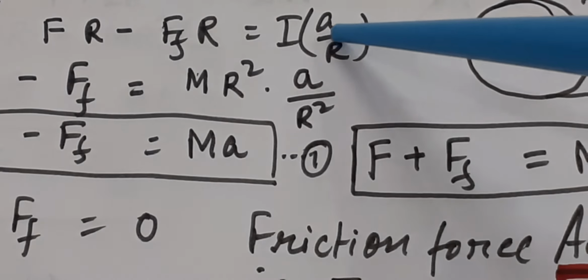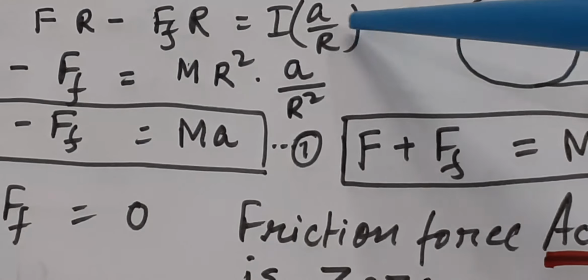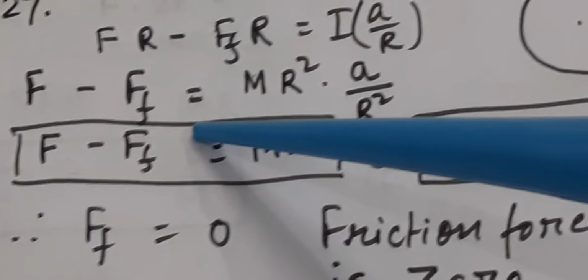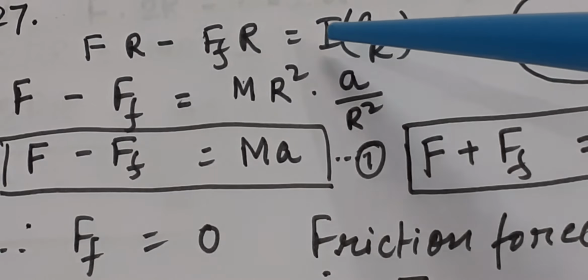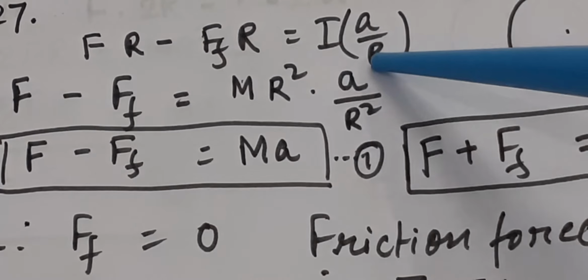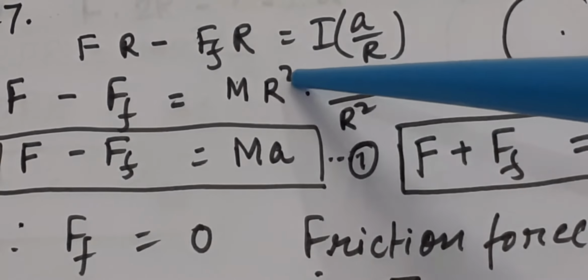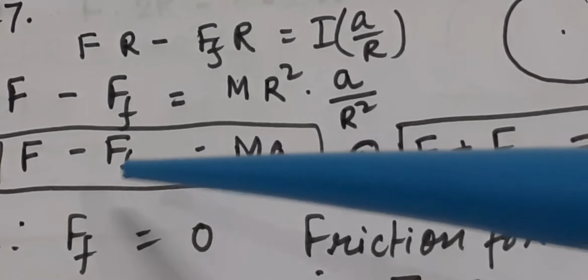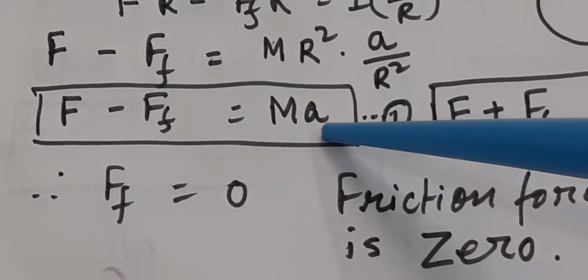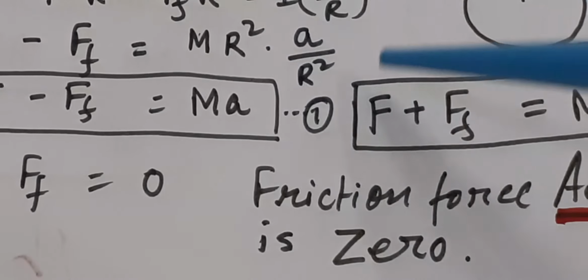We can substitute A by R for alpha. Now we know that moment of inertia for a ring is mr square, into A by r square. R square will cancel. That means m into A will be there. That means F minus F suffix F equal to mass into acceleration of the ring.